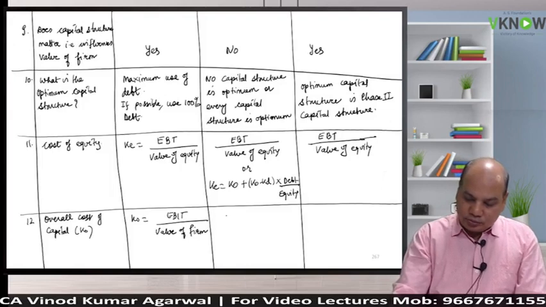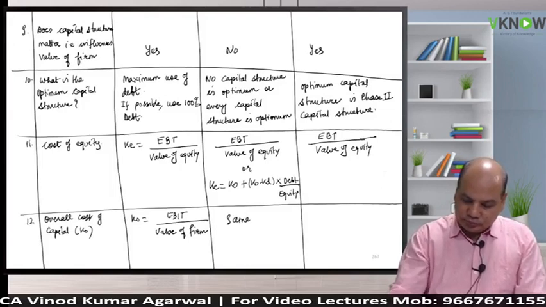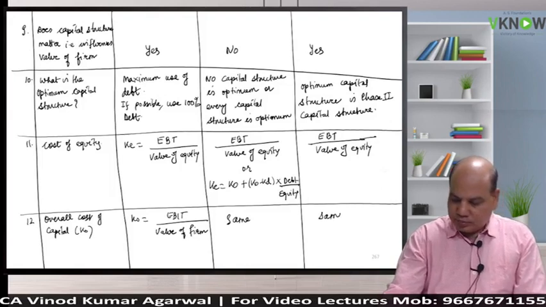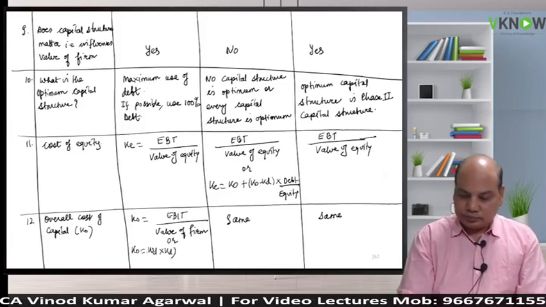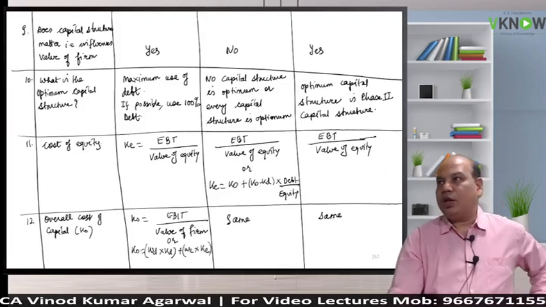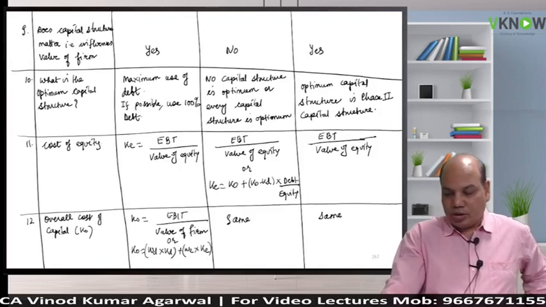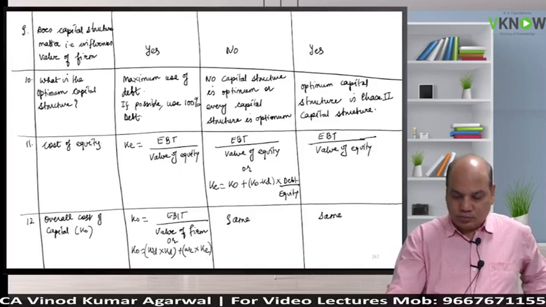Here also the same, or you can also find out KO by weight of debt into cost of debt plus weight of equity into cost of equity. The same formula is applicable in all approaches.